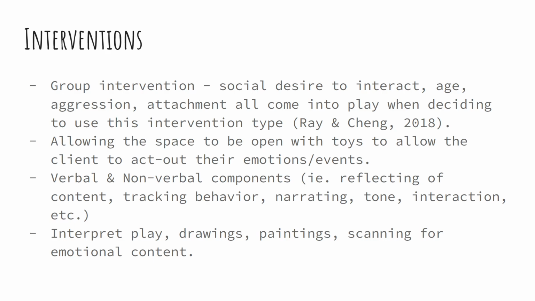It allows the child to have space, an open play area where they can play and not be interrupted, but also open up. As I put at the bottom, there's interpreting play, like the drawings and paintings the kid does, and scanning everything in their play for emotional content, and seeing how it might relate to how they're feeling now or what might have happened, and how that might be dragging into their feelings in the present moment.